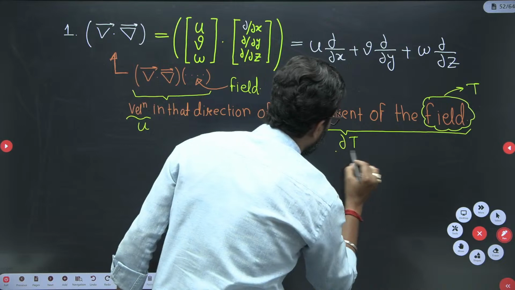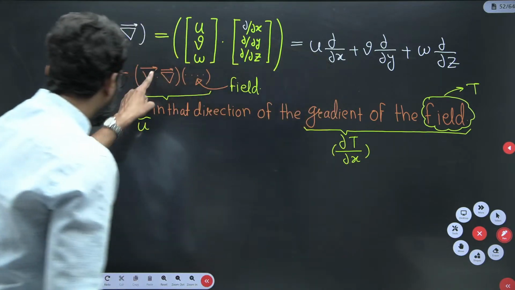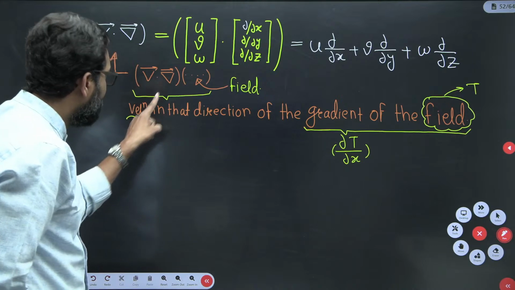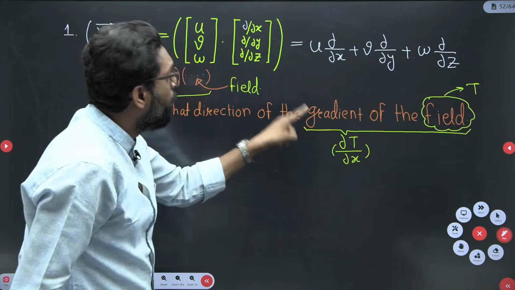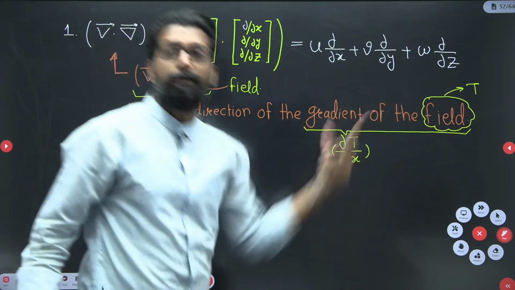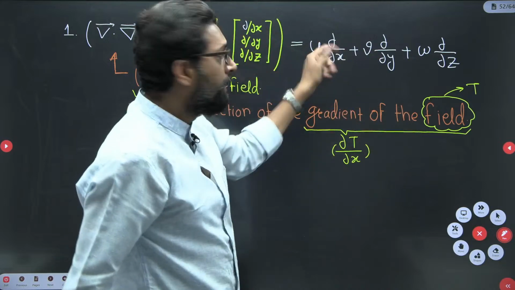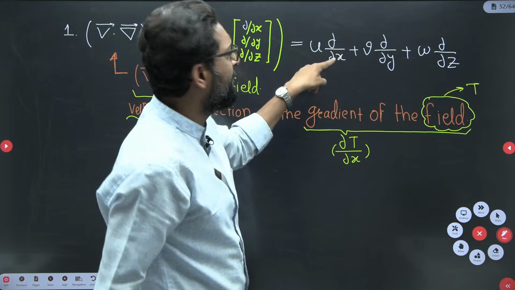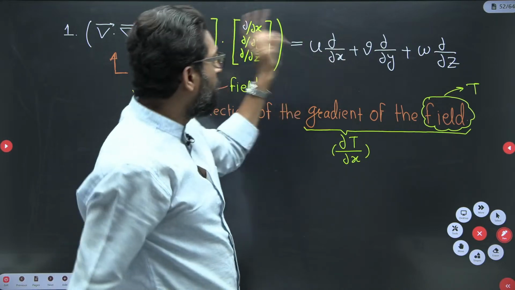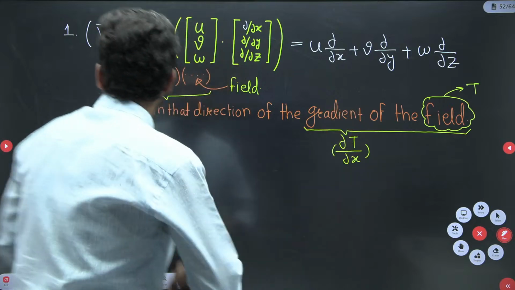So dou T by dou x represents the velocity in that direction where you have to take the gradient of that field. Let's suppose the field is T, and the gradient you have to take in x direction. So the velocity is in x direction. That is the meaning. Now this is the first one.